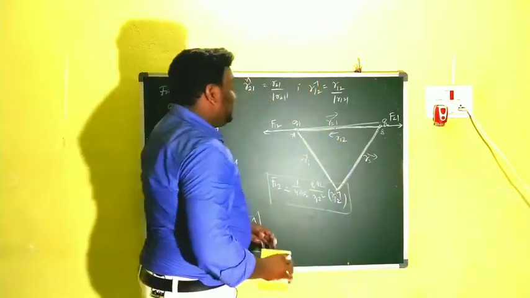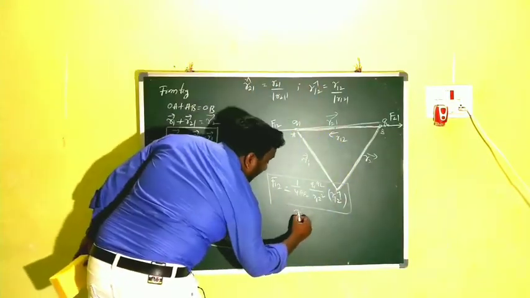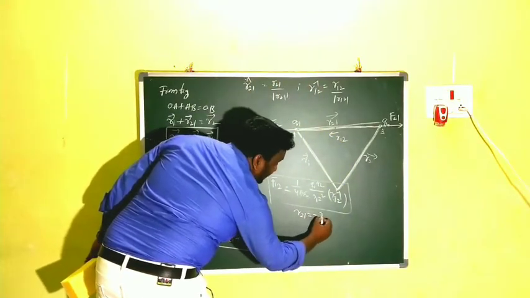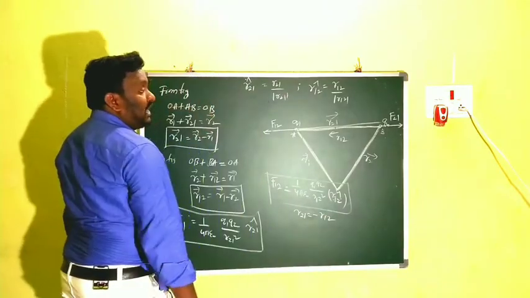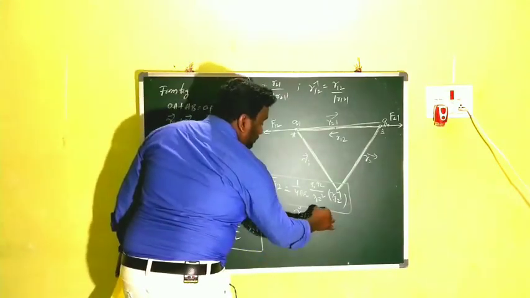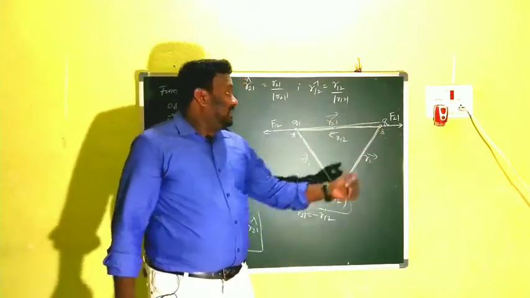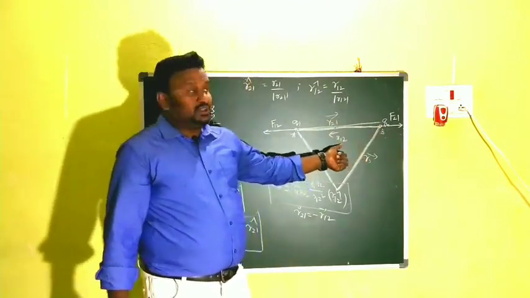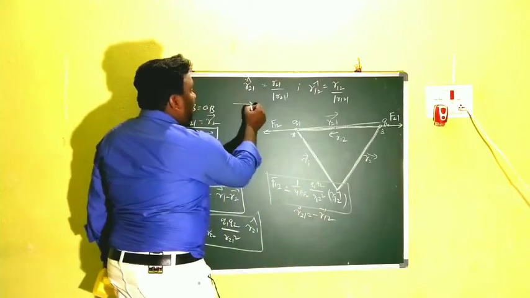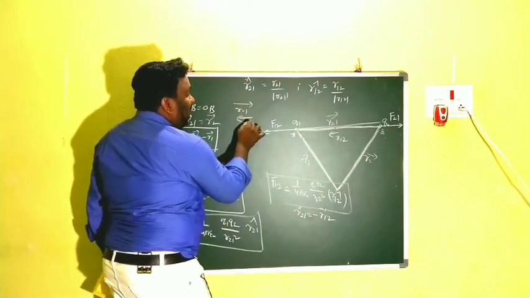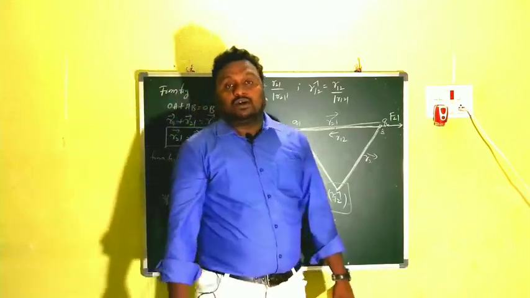So in this case we simply write R21 is equal to minus R12. Got my point? A to B is R21 and B to A is R12. This is R21 and this is R12.